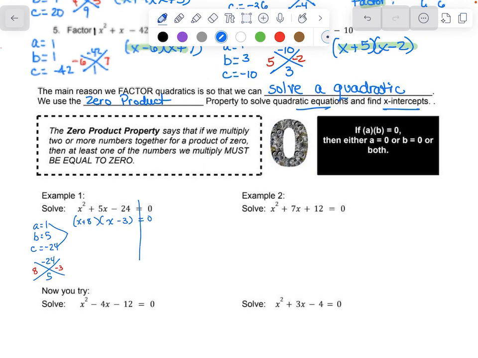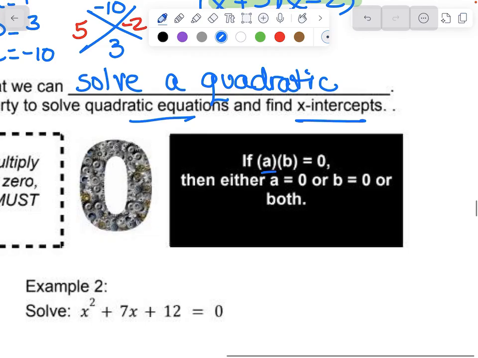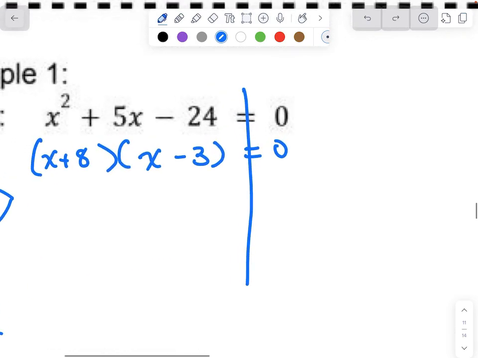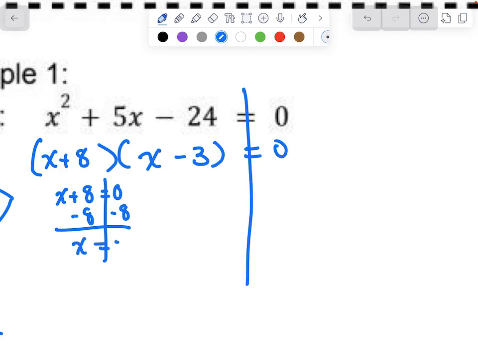The zero product property says when you have two numbers that you multiply together, if you get a product of 0, one of the numbers has to be 0. That's the only way you can get 0 by multiplying. So if I know that these two expressions multiply together to give me 0, then either this first expression has to be 0, which means x must be negative 8, or the second has to be 0, which means x equals 3.